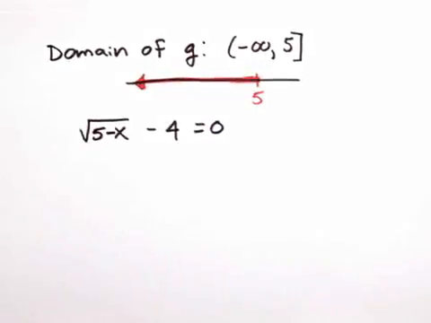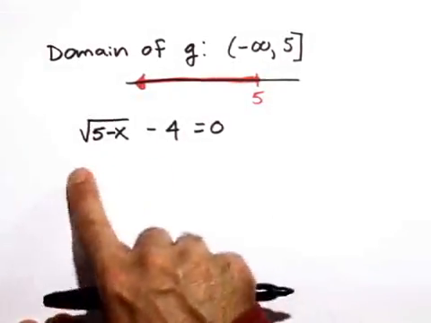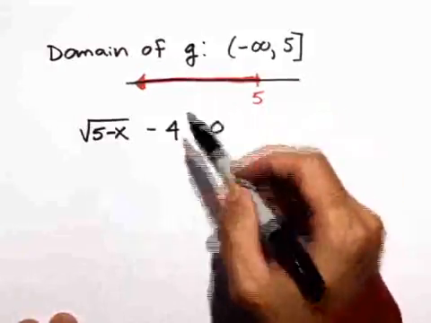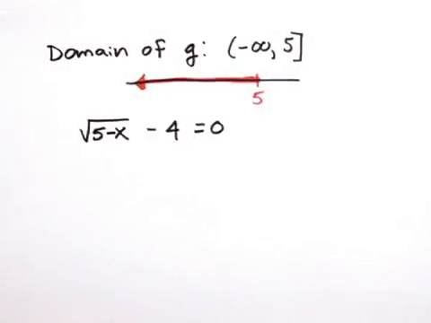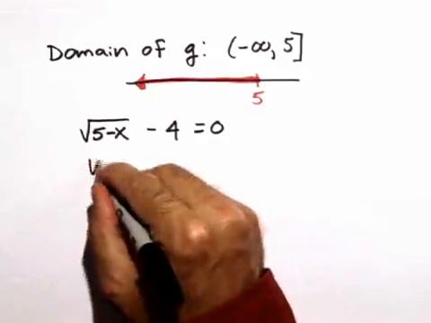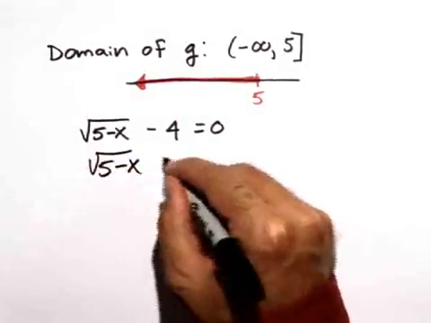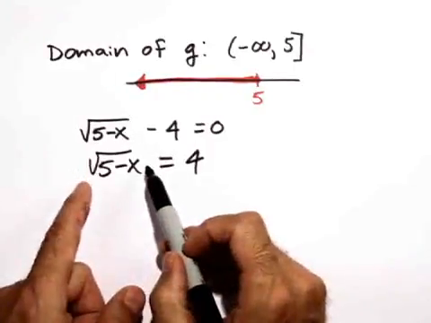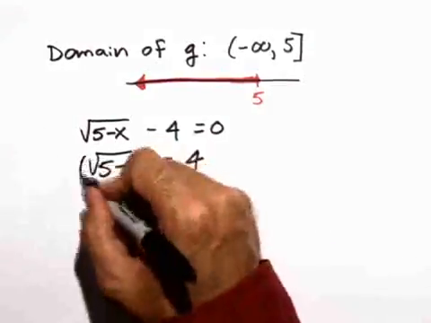All right, so again, we've figured out the domain of g, and now if we can solve this equation for x, we'll pull out those values from this domain, and that will finish the problem. So let's solve our equation for x. We can add 4 to both sides. To get rid of the square root, I can square each side.